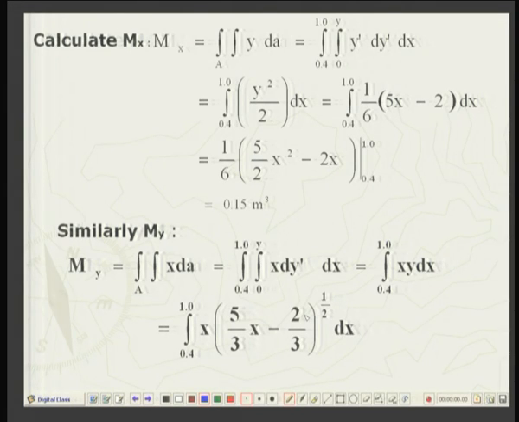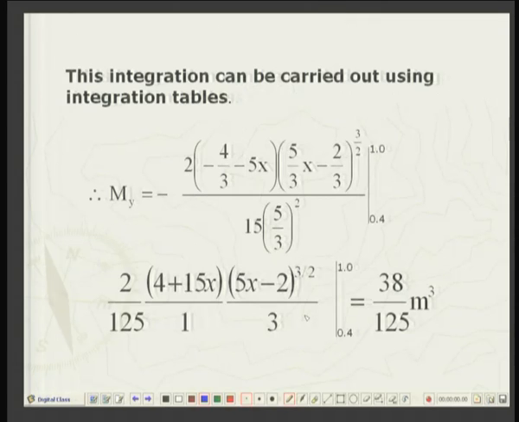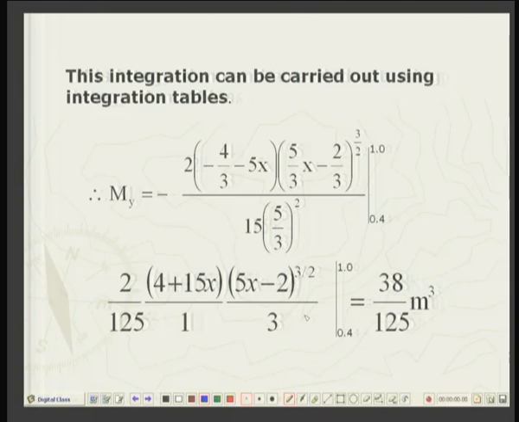Well, finally, we go to the moment about y axis. So, by definition it is x dA area integral, and in the same fashion we come up to this integration. Okay. After carrying out the y integration and substituting for y square, we come to this integral. This integral is slightly complicated rather, and we take the help of integration tables. They are easily available in mathematical handbooks or sometimes in the subroutines.